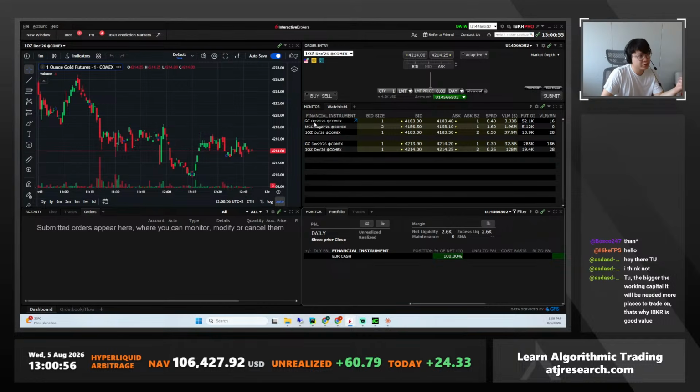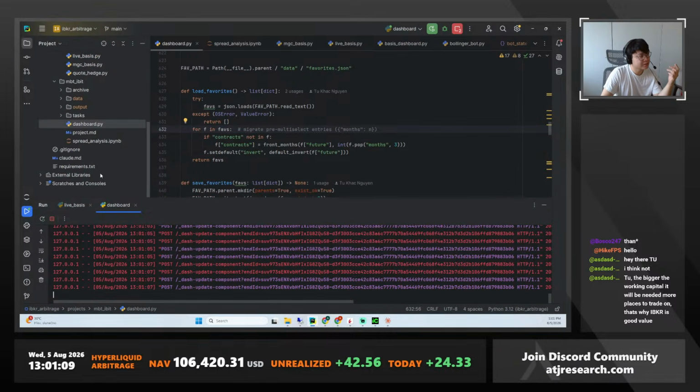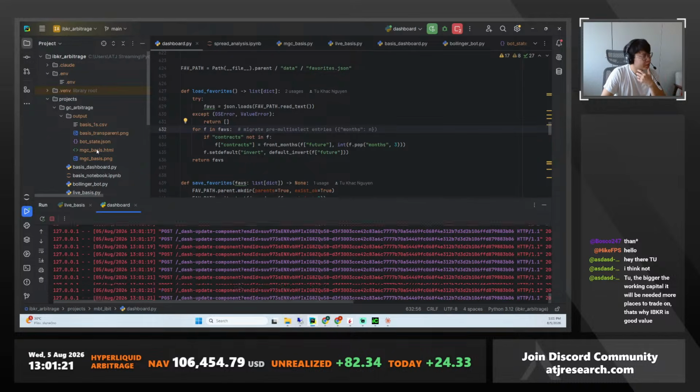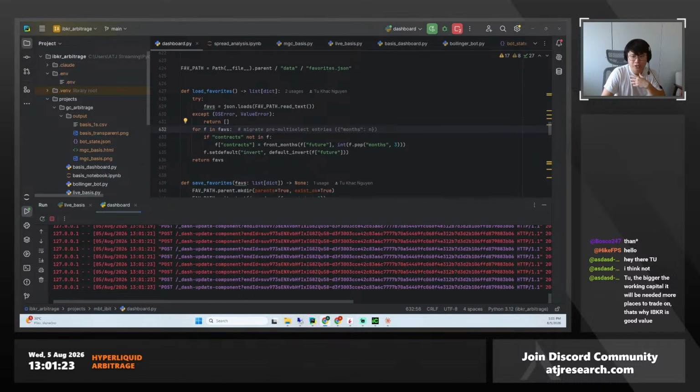Because with GC futures, one contract is worth like 400,000 US dollars with a single trade. So here I don't have to wait minutes or hours to fully allocate my position. And that's why I'm trying to build this system where I can fully allocate my position within a few seconds or maximum minutes and then exit the position as fast. And that way, I believe we're going to have much better performance.